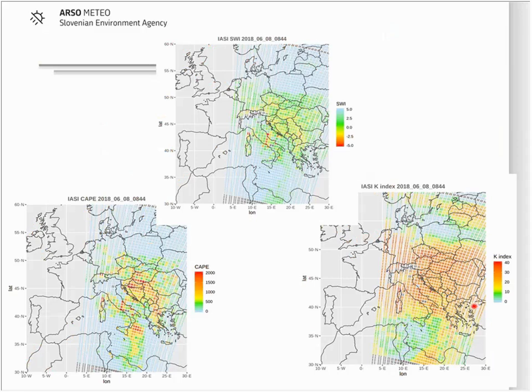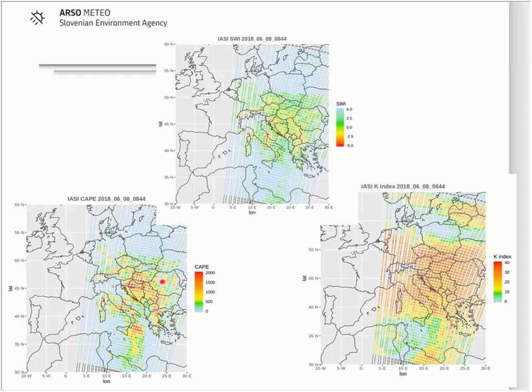In this first part of the presentation, I'm going to focus more on the Showalter index and the K index. The Showalter, because it's quite widely used by our forecasters here at ARSO. The K index because it's simple, and Cape, I will save for later.